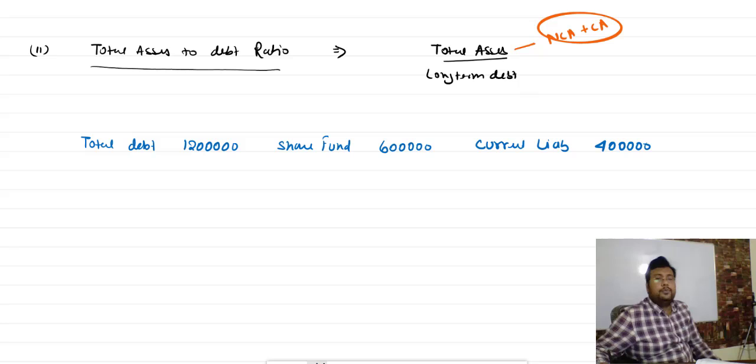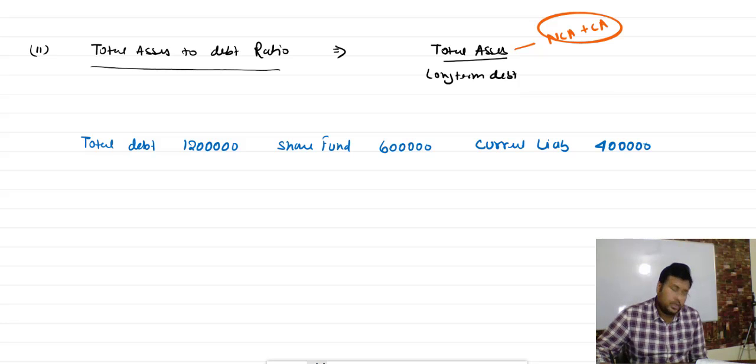And you have to calculate the total assets to debt ratio.